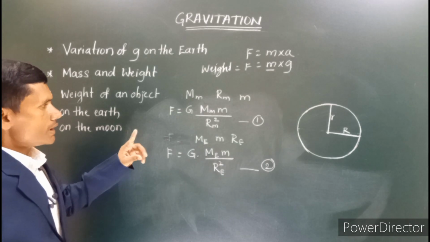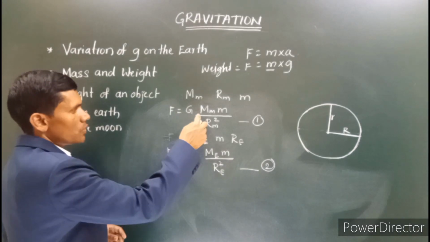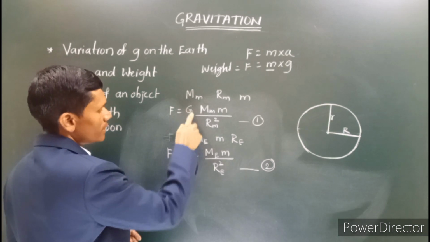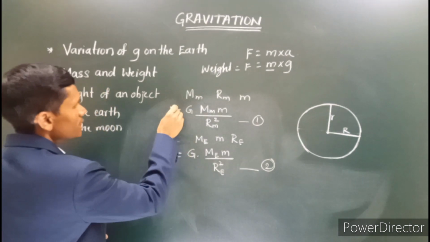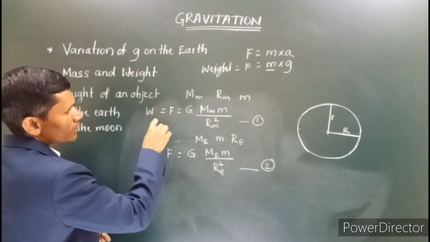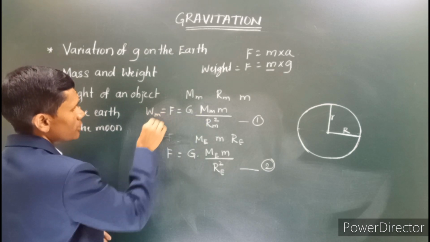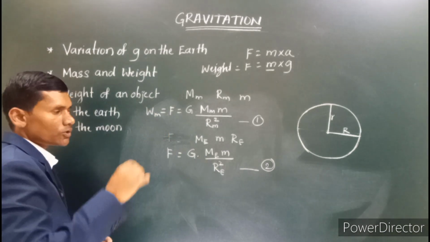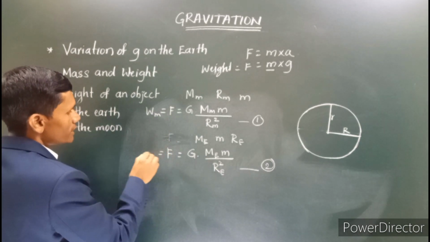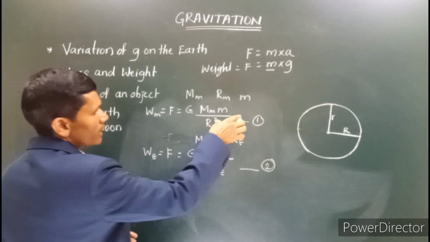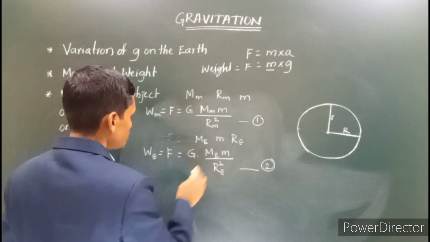Now let us divide equation 1 by 2. This force is nothing but the weight of the object on the moon, Wm, and this force is the weight of the object on the earth, right? If you divide equation 1 by 2, what do we get?